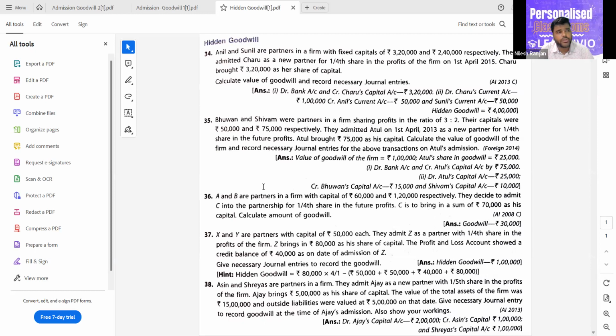So if he is not bringing goodwill, then why will we write premium? We will distribute it, but we will not write premium.